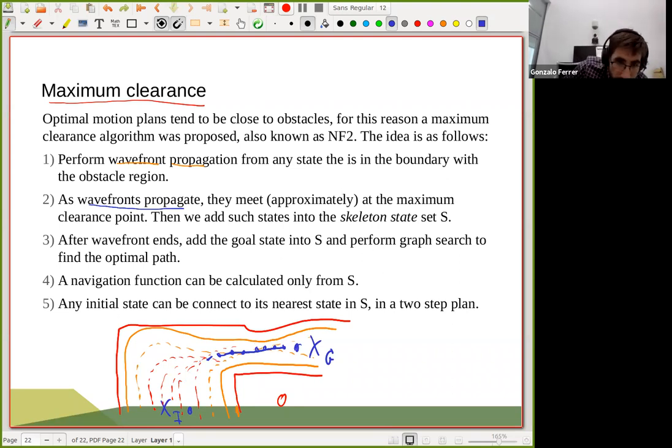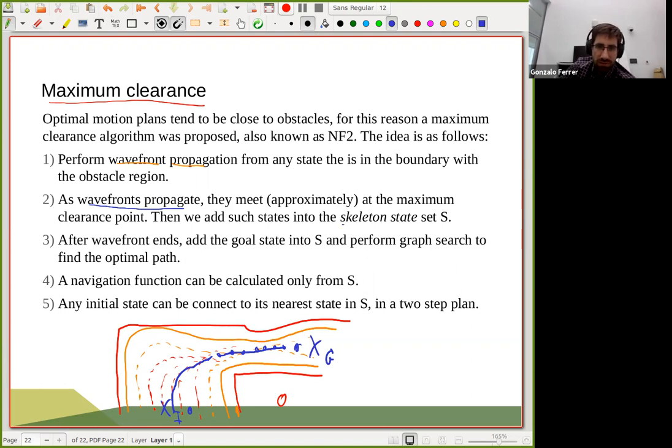Let me try to do this well. Okay. So we have maximum clearance. This is the maximum possible distance to obstacles, right? So remember that A star, or Dijkstra, always provides a solution that touches objects. So this is not very comfortable, and actually it's not very good, depending on what problem you have.